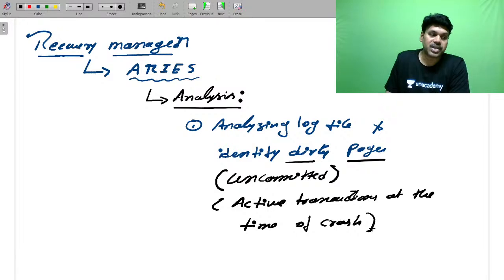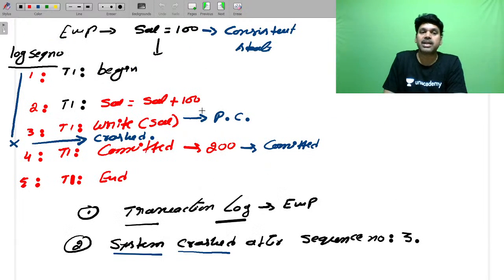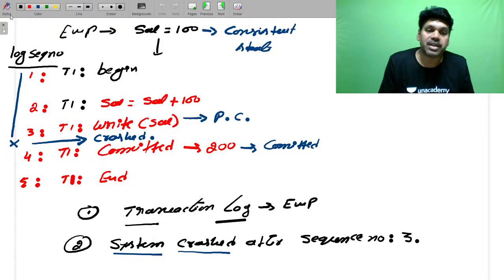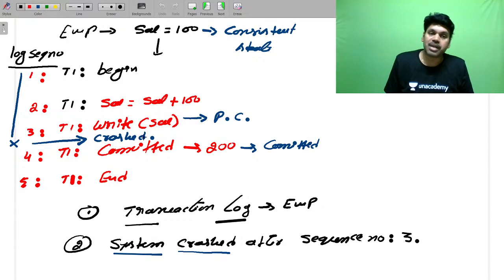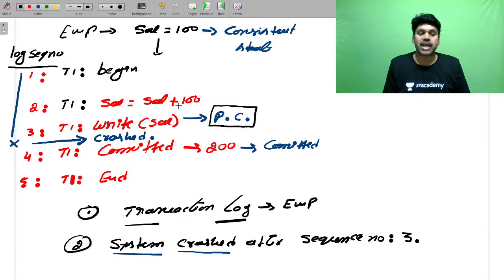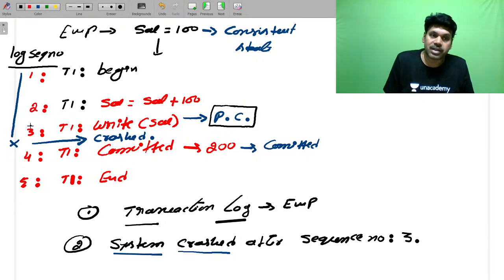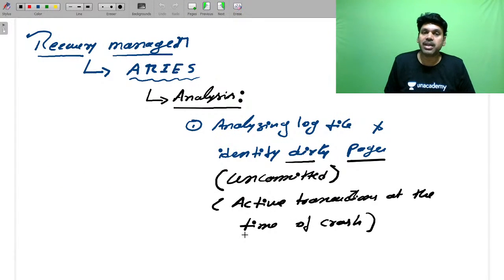Now, by seeing the previous example, can you say which is an active transaction at the time of crash? What is the log number? We want to identify which is an active transaction at the time of a crash, meaning which is uncommitted. According to this transaction log file, we can understand that this is the one which is an active transaction at the time of crash. Exactly. So three is mainly what we want.